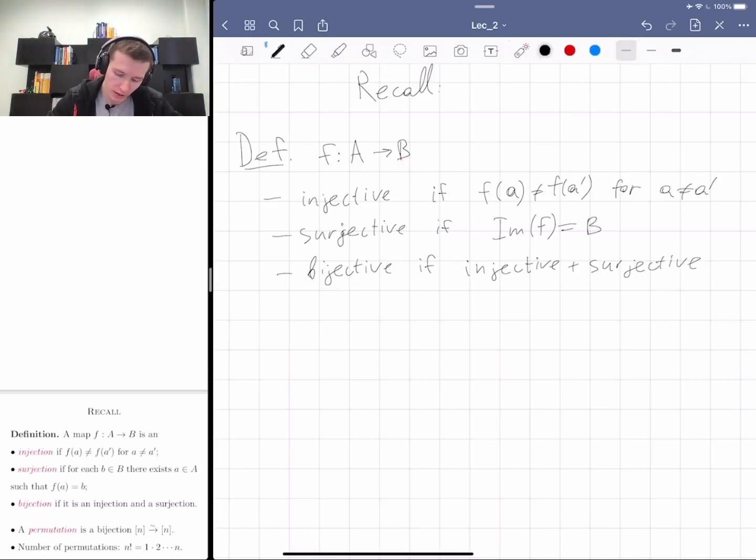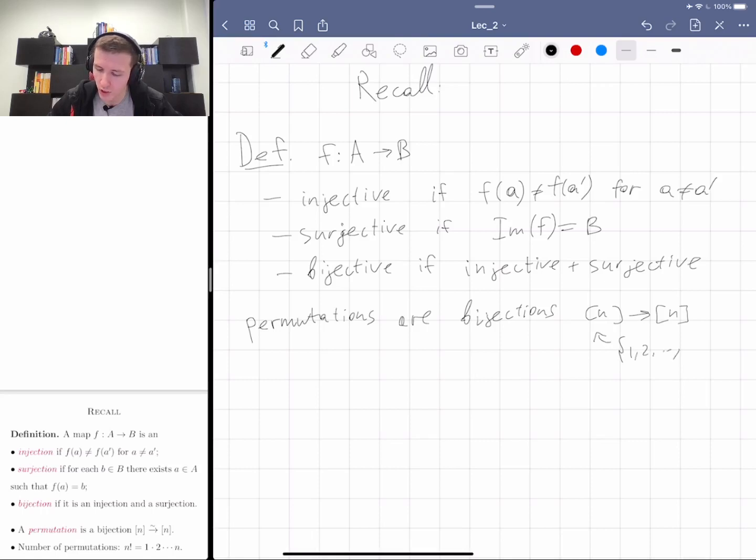And then I defined permutations using this language. Permutations are just bijections from bracket n to itself, where bracket n is the integers between 1 and n.